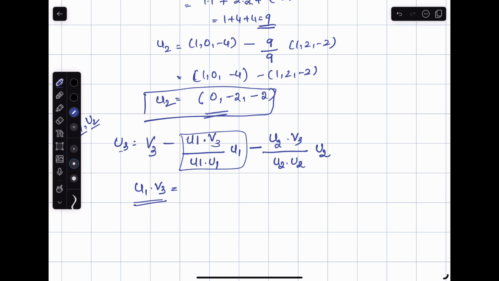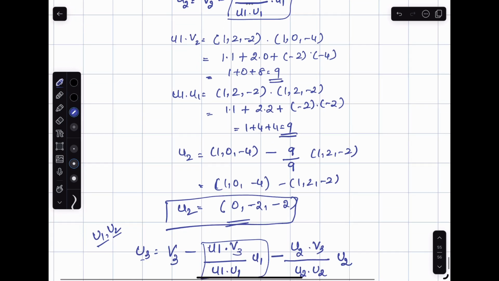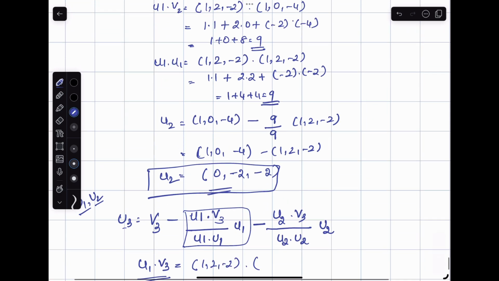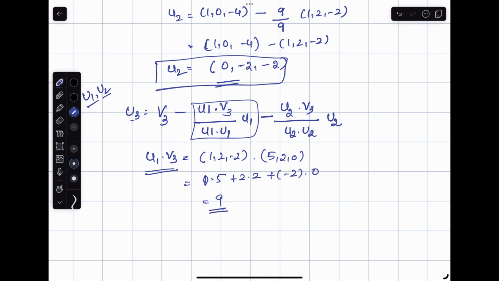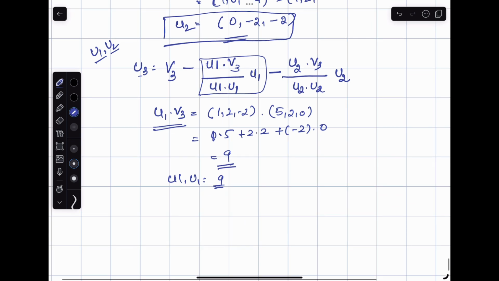So u1 · v3 is (1, 2, minus 2) · (5, 2, 0). I get 1 times 5 plus 2 times 2 plus minus 2 times 0, so the answer is 9. Now u1 · u1 was already found above, which is 9.